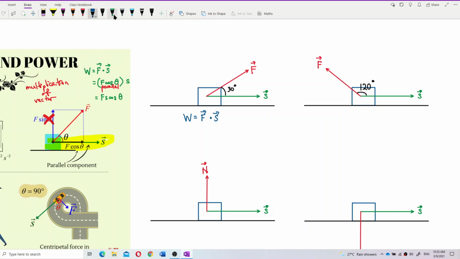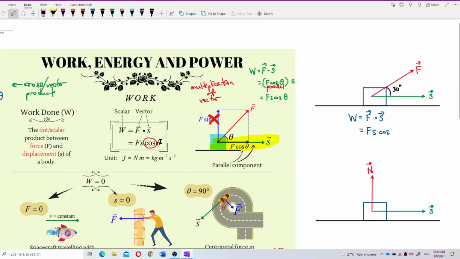This is the pulling force or pushing force, whatever. This is just an external force at 30 degree to the displacement. So we apply the formula Fs cos theta. Dot product uses cosine theta. What is angle theta?